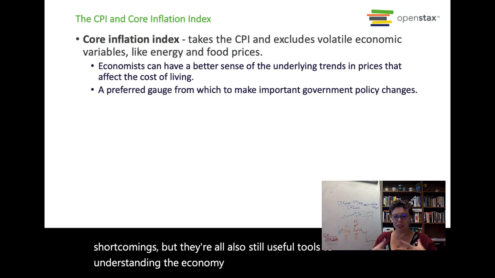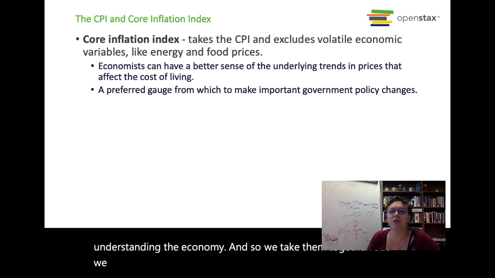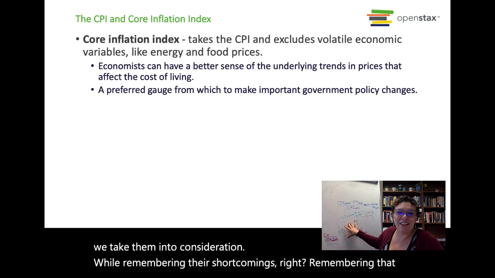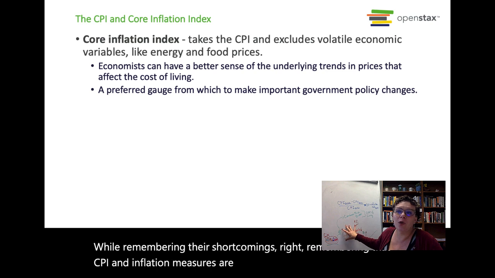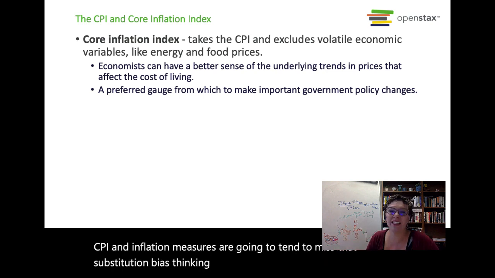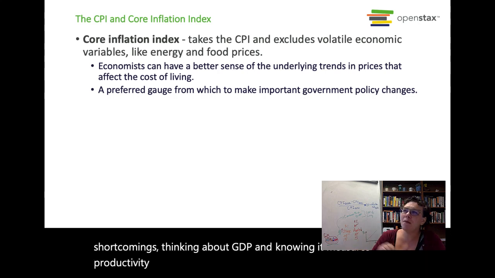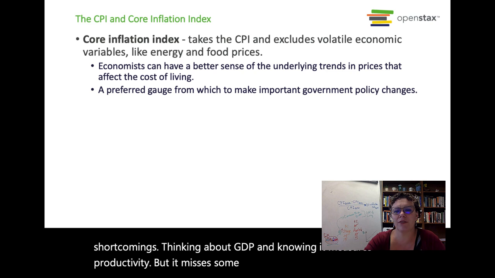And so we take them into consideration while remembering their shortcomings, right? Remembering that CPI and inflation measures are going to tend to miss that substitution bias. Thinking about unemployment, remembering its shortcomings. Thinking about GDP and knowing it measures productivity, but it misses some measures of quality of life.